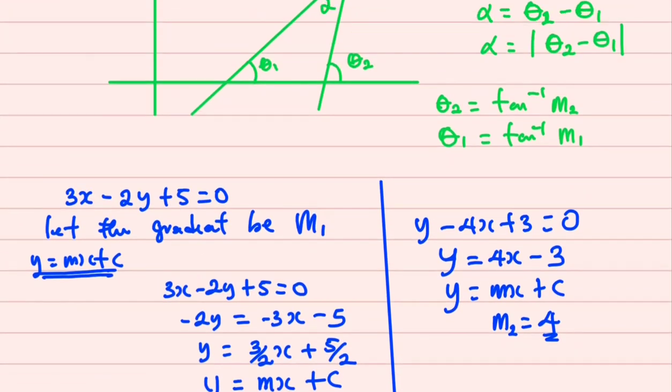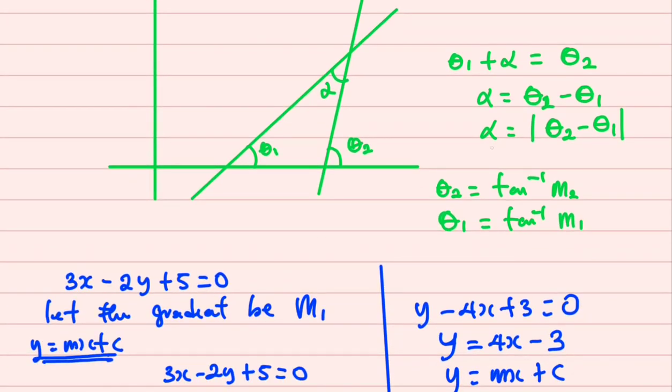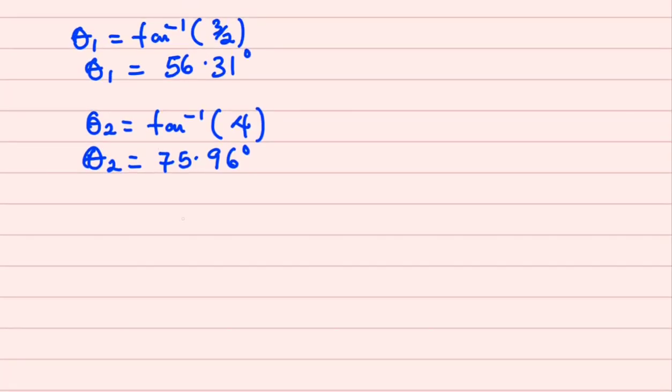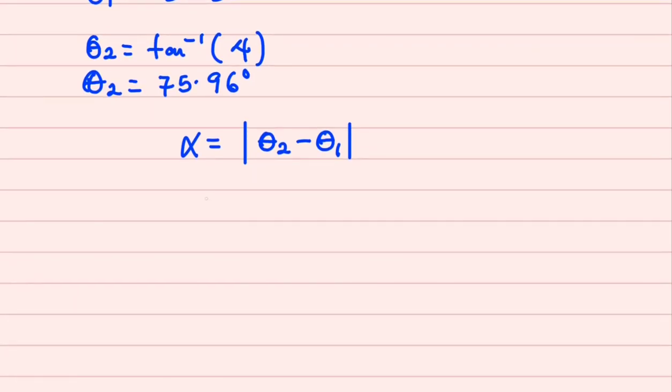But now listen, this is good. Now you see this formula? This is for the angle between two lines. Alpha is the angle. So we've established the fact that alpha is equal to the absolute value of the difference of the two angles. So alpha, which is the angle between two lines, will be 75.96 degrees minus 56.31 degrees, the absolute value.